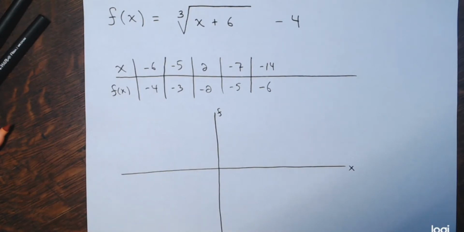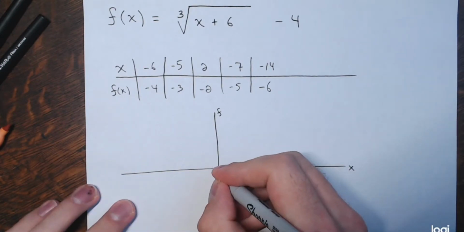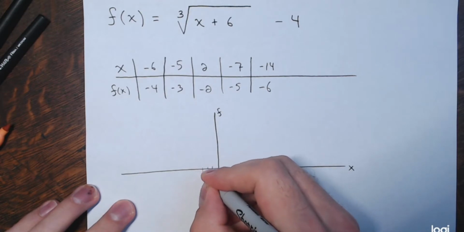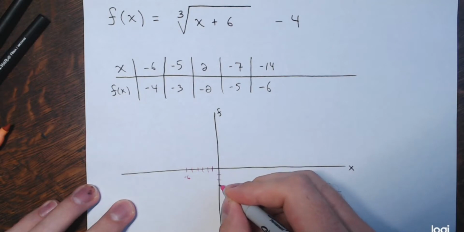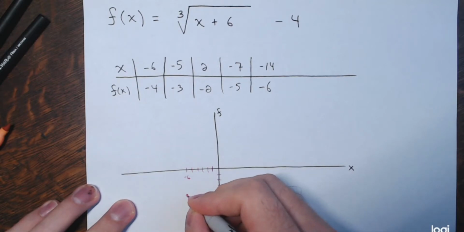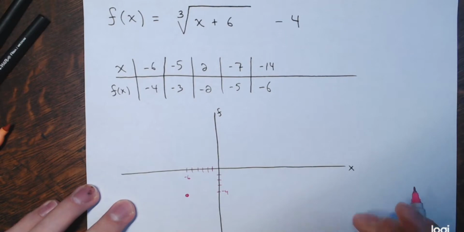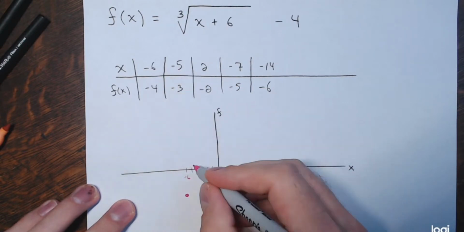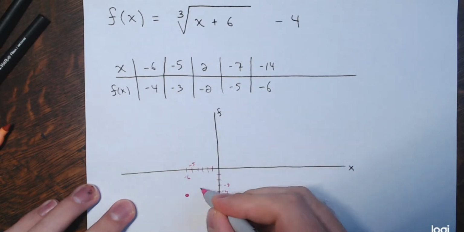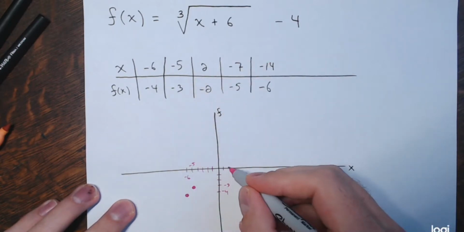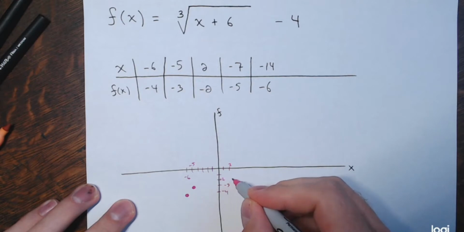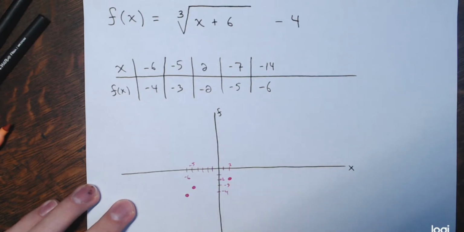Then just plotting all these points: -6 input, -4 output, there's a point. -5 input, -3 output, another point. 2, -2, a +2 input and -2 output, another point. -7, -5, another point.